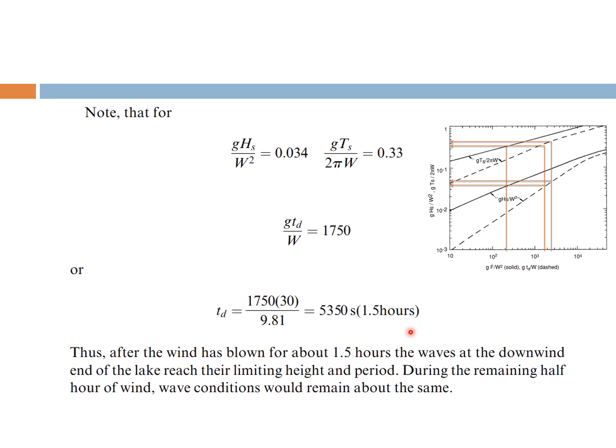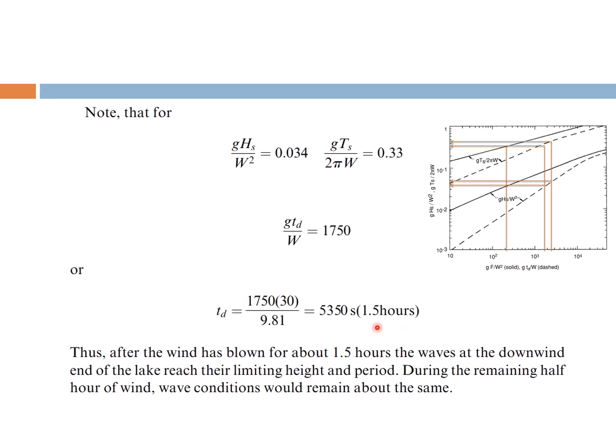So in this particular case, it means that since the fetch is 20 kilometer and it is the limiting condition, the limiting factor, although the wind blows for up to 2 hours, only the first 1.5 hours build the waves up to the significant wave height and the significant wave period that we have just calculated.